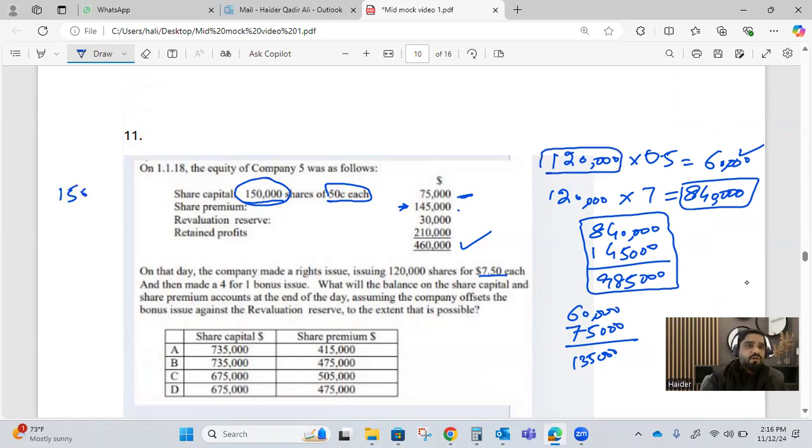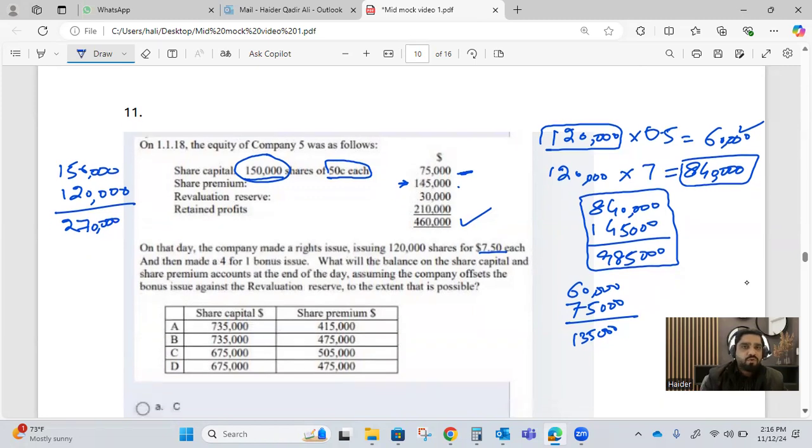So 150,000 plus 120,000, total number of issued shares is 270,000 shares. And 4 bonus shares will be given to those who have already 1 share. So it means the total number of bonus shares will be 1,080,000. I am using my calculator. 1,080,000 will be bonus shares.